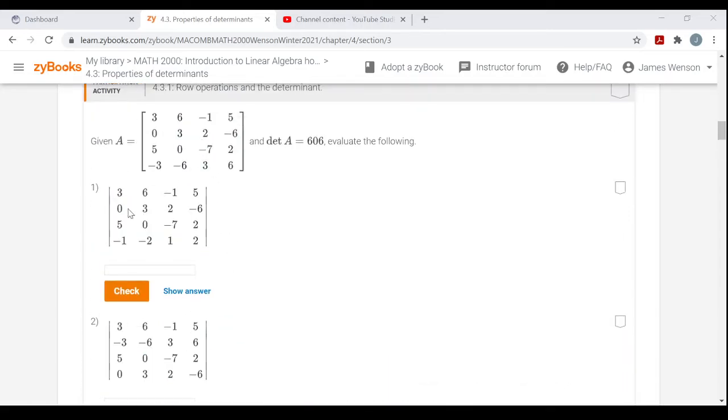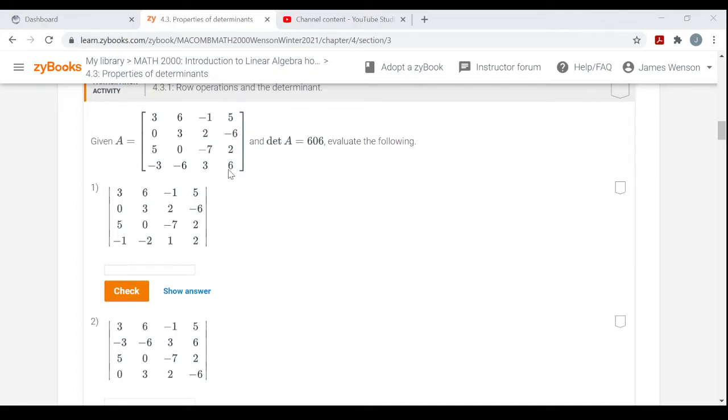All right, so look at this first one here, number 1. Same first row, same second row, same third row. The fourth row is different. And you see, in order to make this original row into this row, I would have to multiply this fourth row by a third. Right?